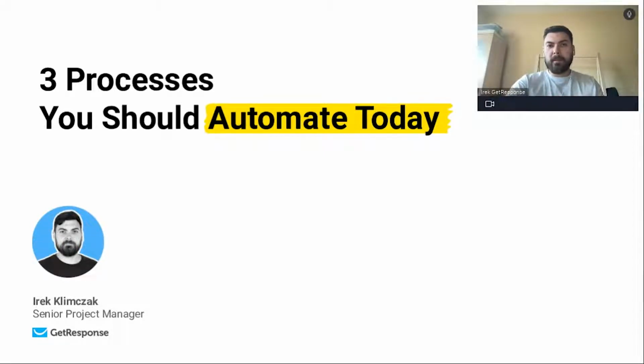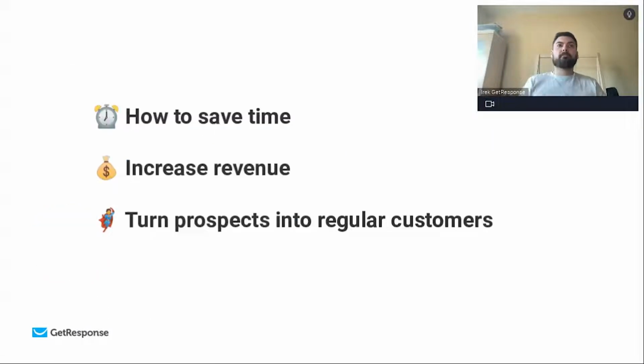Today we focus on automation, and I know that usually when we talk about automation, we talk about how you can save time, because obviously you can automate processes, so you don't need to do them manually.